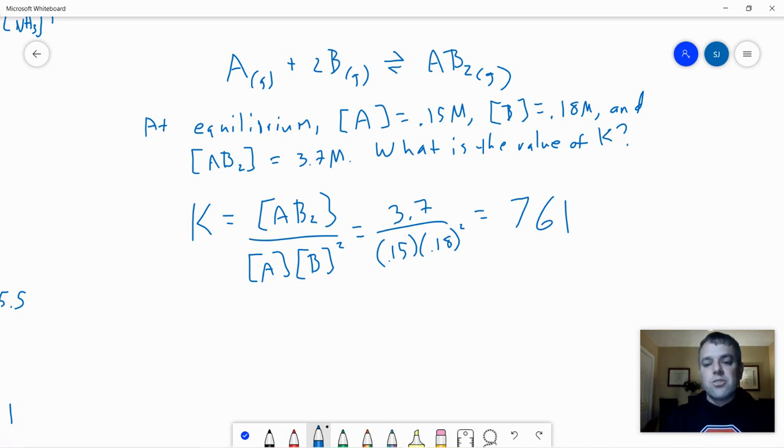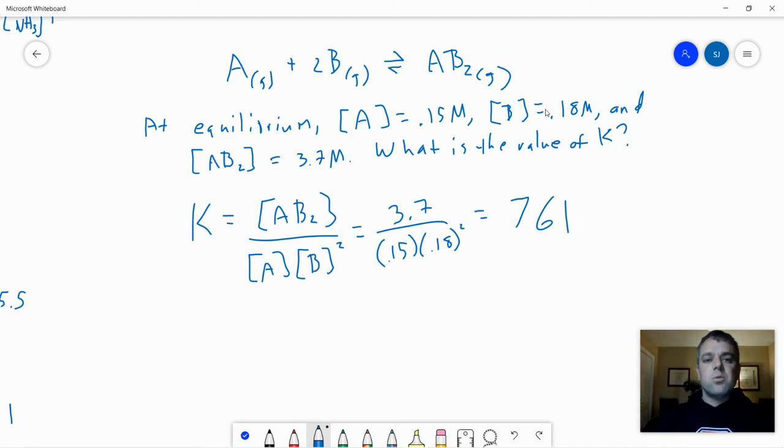Well, if K is large, 761 is quite a bit larger than a lot of numbers. It's significantly greater than 1, let's just say. So in that case, what this means is that we have a lot of products, not a lot of reactants at equilibrium. And we'll notice the amount of our product, 3.7, is quite a bit larger than the amount of our reactants. So this does kind of make sense.